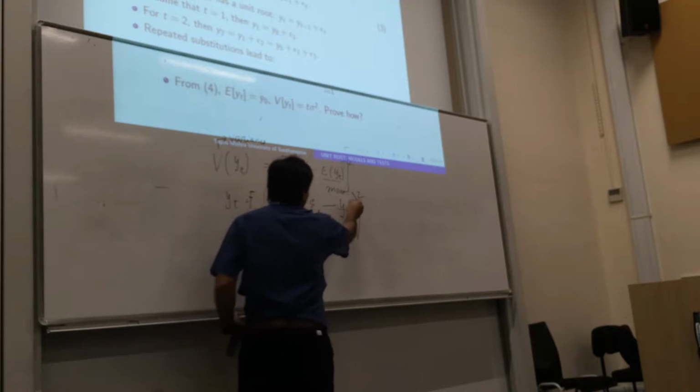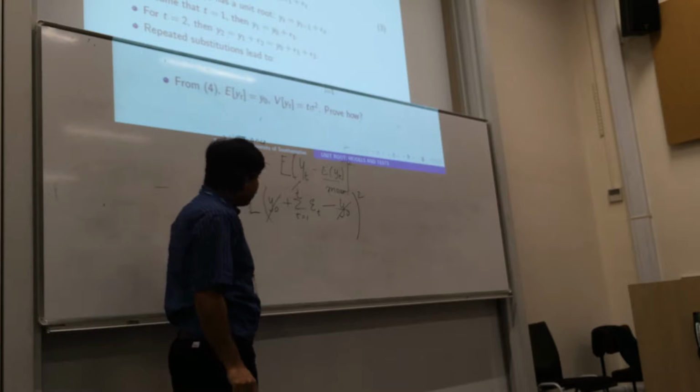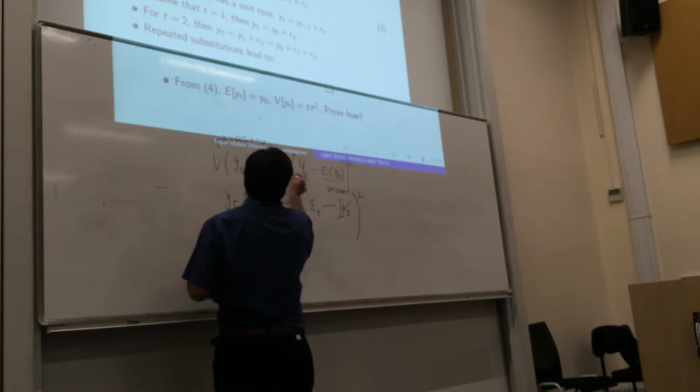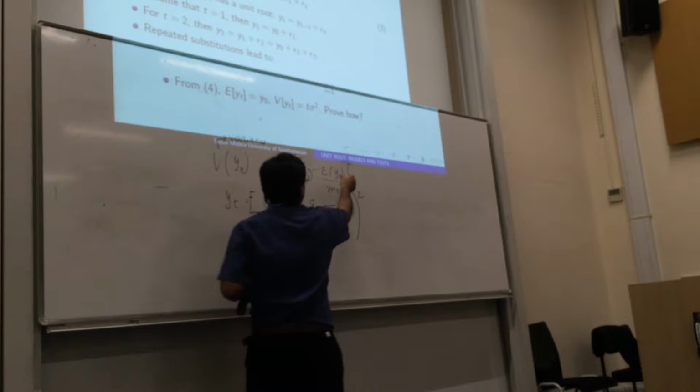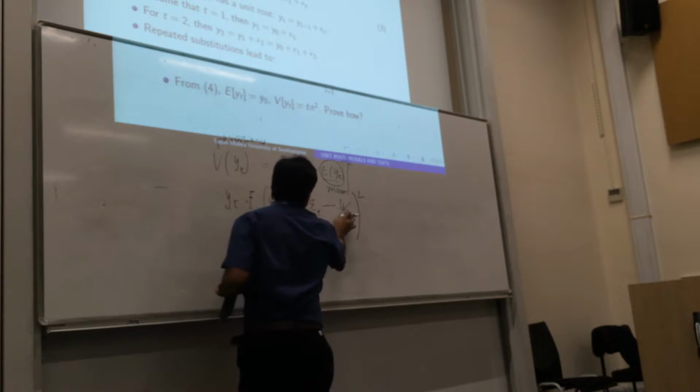So y0 cancels. From the expression for the expectation of yt we derived, which is y0, y0 cancels.